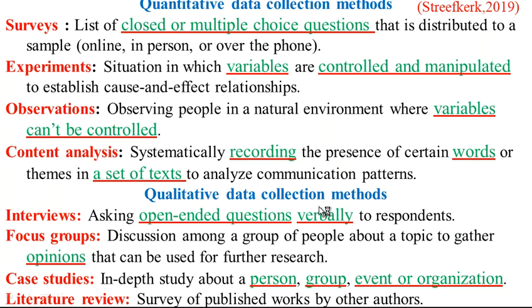Qualitative data collection methods consist of interviewing, as we said, and focus groups, which consist of discussion among a group, and then the researcher takes notes of the opinions expressed by the members of this group.